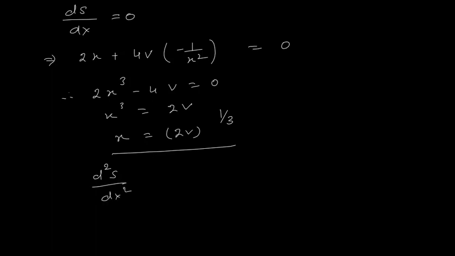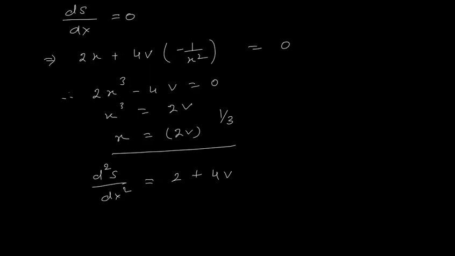Now d square s upon dx square will be, I will differentiate this: the derivative of 2x will be 2, plus we have 4v times the derivative of minus 1 upon x square.